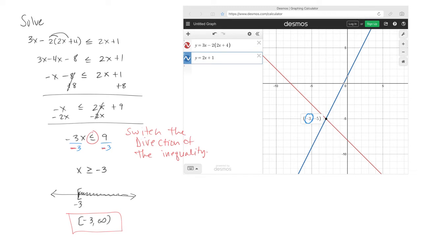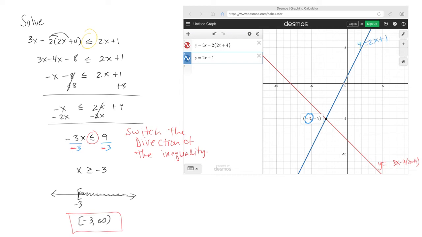But what the inequality was saying is, when is this red line, okay, so this one would be the y equals 3x minus 2 times 2x plus 4, when is that one less than or equal to the blue one, and the blue one is the 2x plus 1 graph.